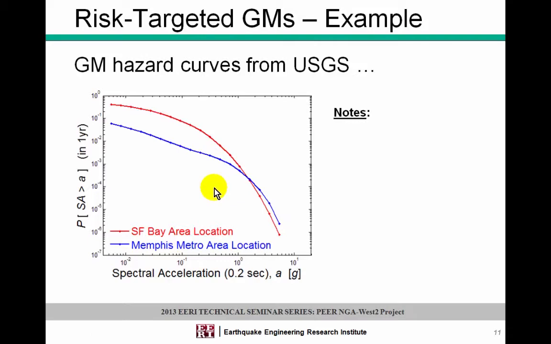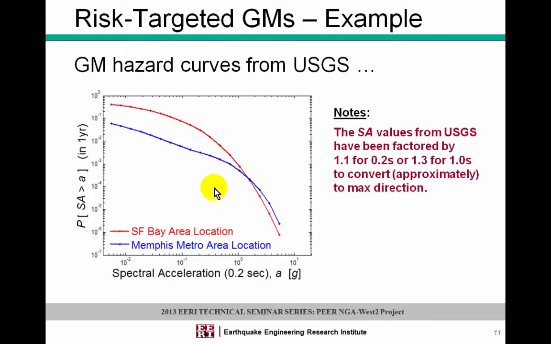All right? A couple things to note. Because the ASCE 7-10 site-specific procedure has specified that we're to use max direction ground motions, and yet what the USGS produces in terms of hazard curves are really hazard curves for a geometric mean type spectral acceleration, because that's what we have for ground motion prediction equations.